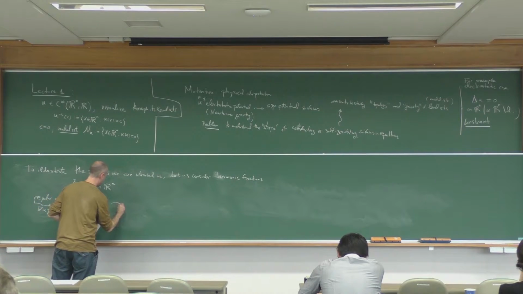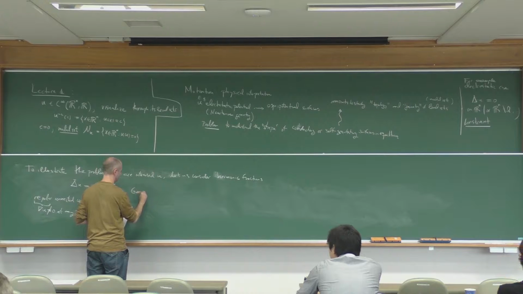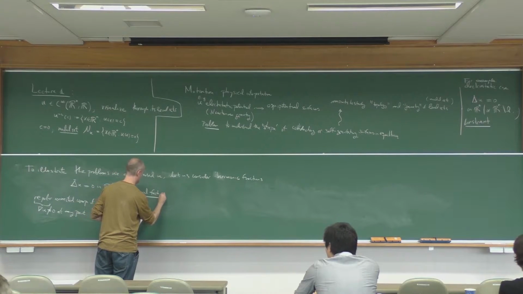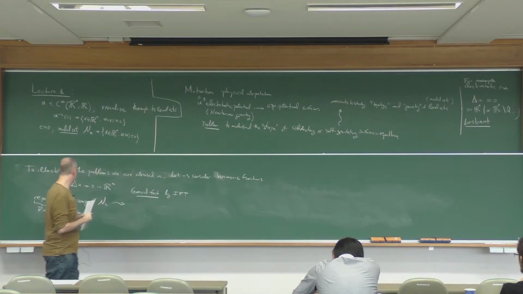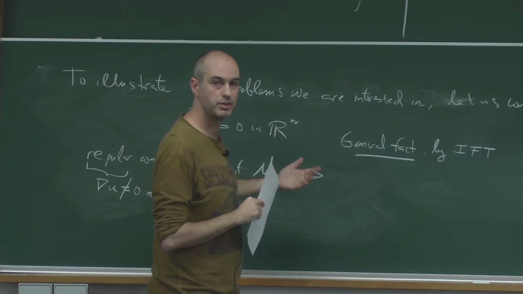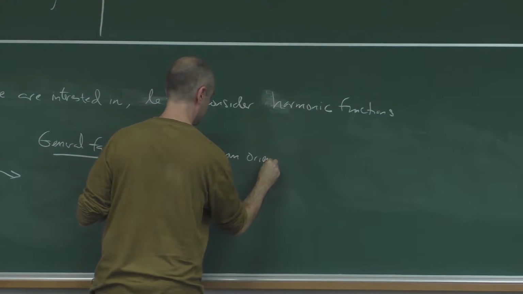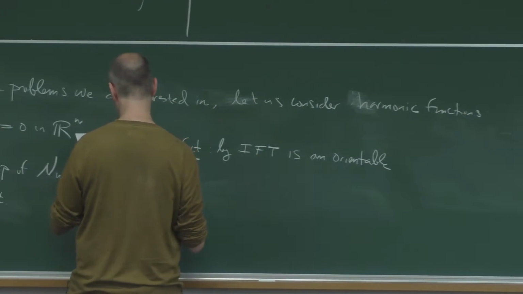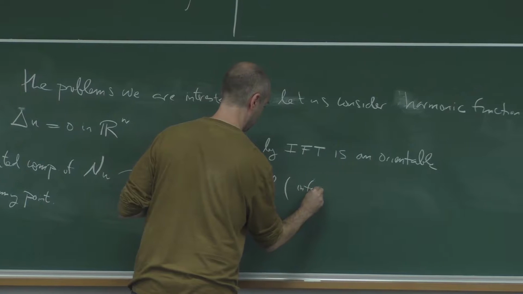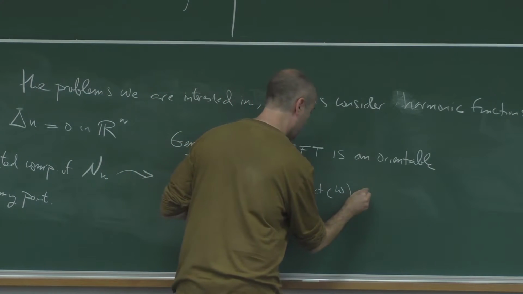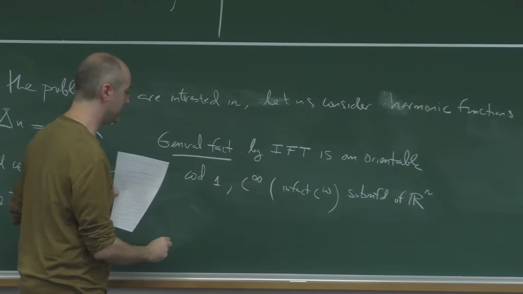Okay. So if we want to study these objects, there is a general fact, which is that by the implicit function theorem, it's not hard to prove that any regular connected component of the nodal set of u is an orientable codimension 1 C infinity, actually analytic, submanifold of Euclidean space without a boundary.